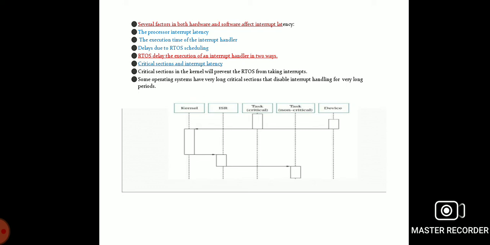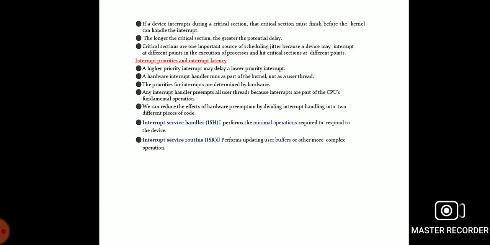Now the interrupt priority and interrupt latency. A high priority interrupt may delay a lower priority interrupt. A hardware interrupt handler runs as a part of the kernel, not as a user thread.